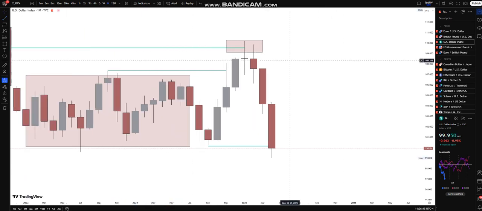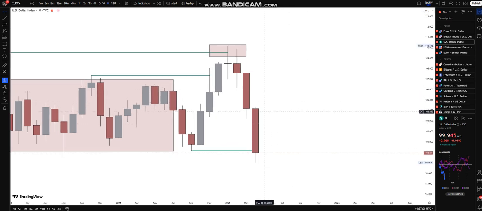Now, this is going to be important to highlight because it significantly changes the likelihood of where price is most likely going to make a run, for which level of liquidity. Is it going to be internal range liquidity or external?